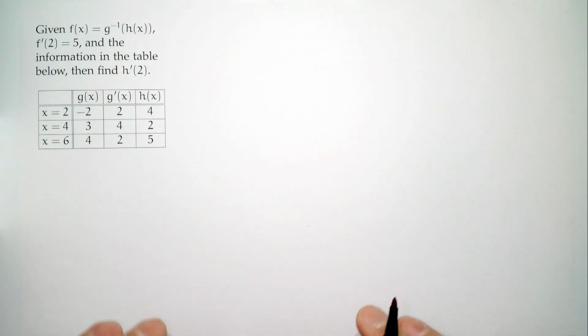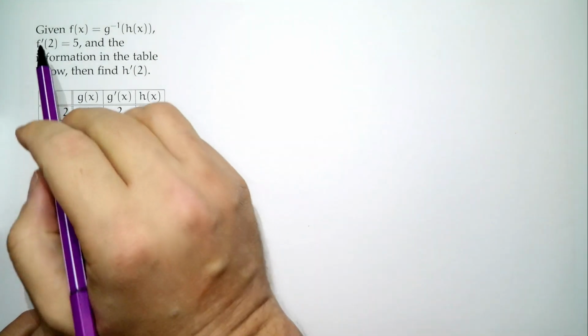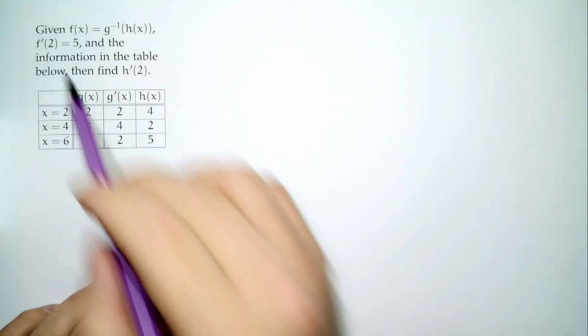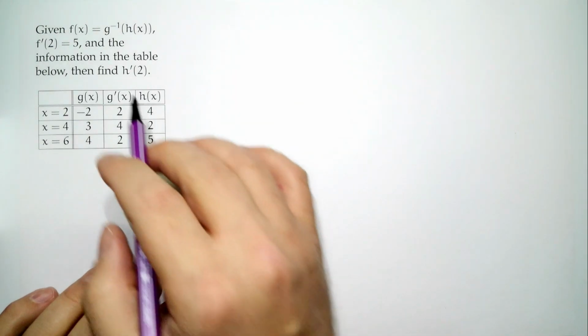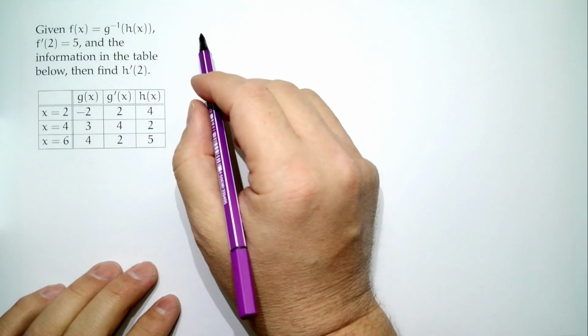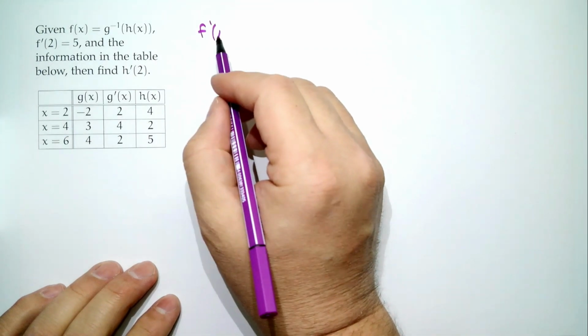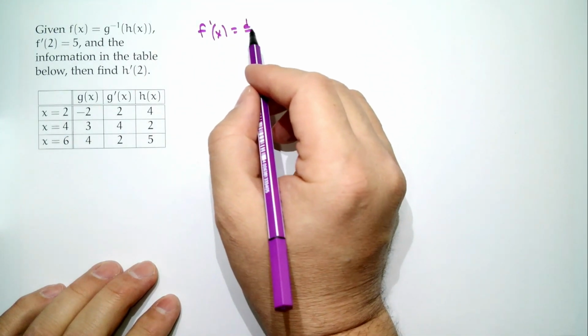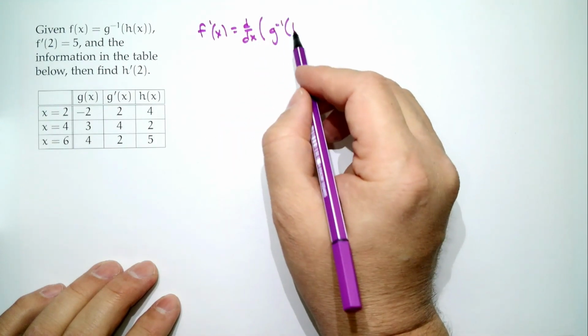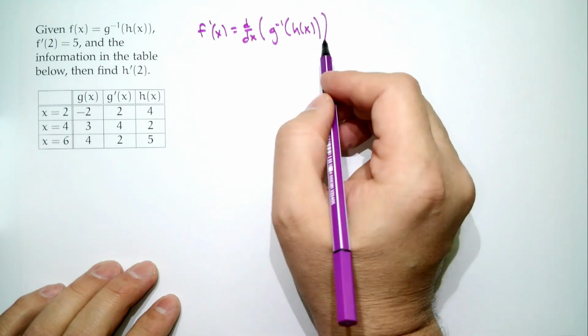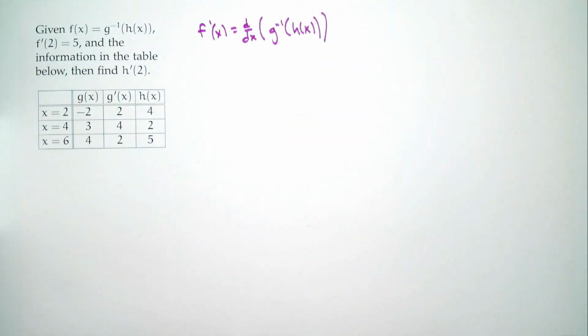Well, there's a couple of things we should observe. There's a prime here, f prime of 2, which says you should probably take a derivative of f. So let's take a derivative of f. So f prime of x means we have to take the derivative of g inverse of h of x. So we see there's an inverse here, which means we have to know how to take the derivative of the inverse.